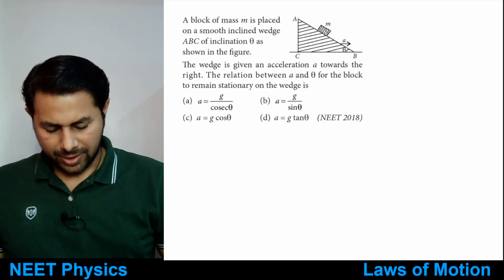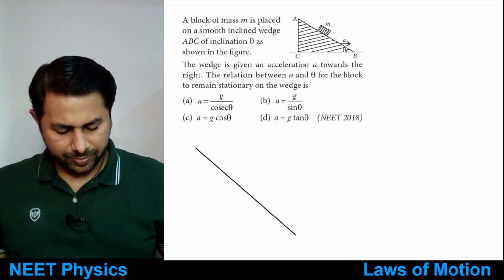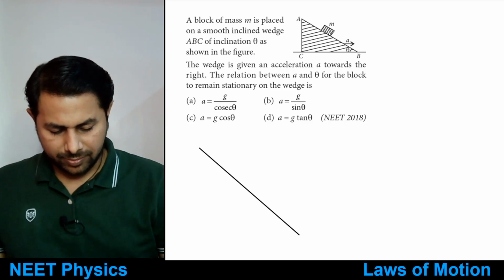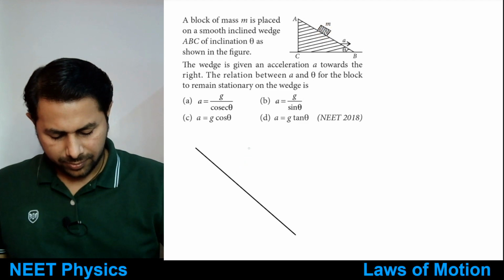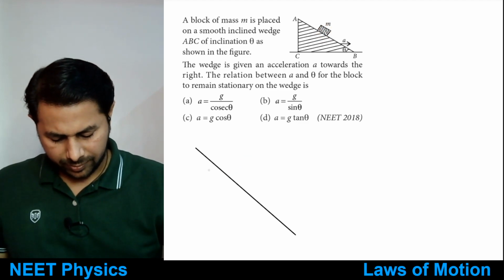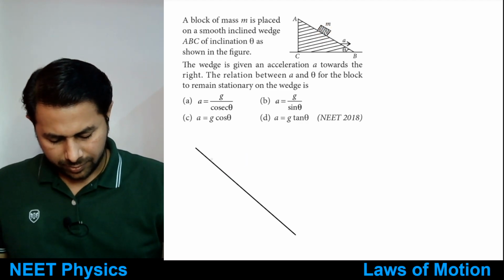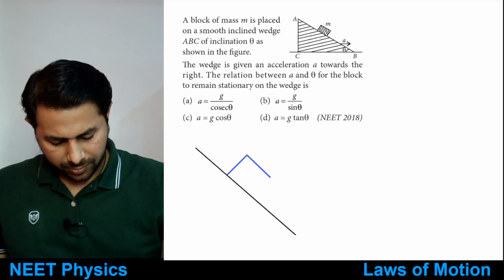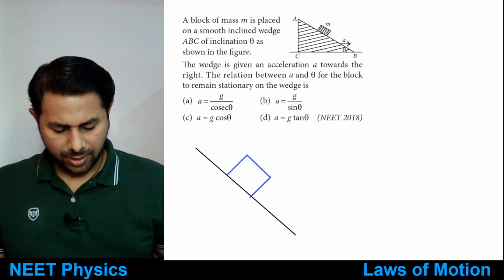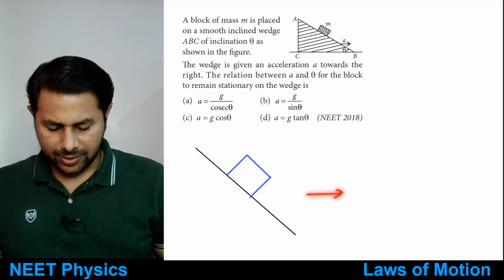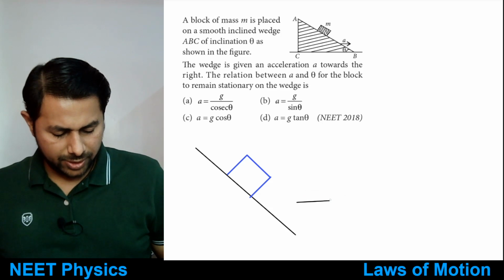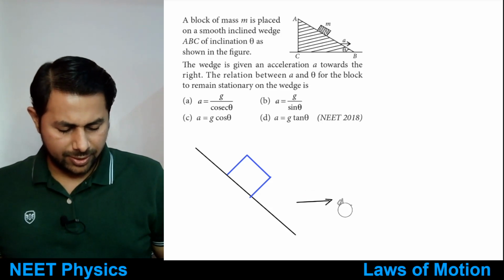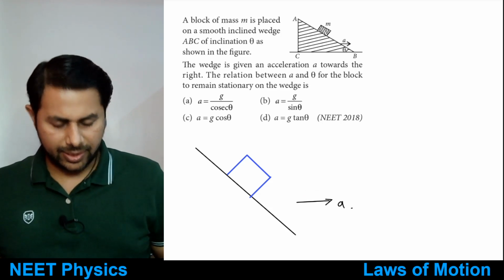So again, let's draw the free body diagram of this mass. The mass is m. Now see, the whole system is accelerating in this direction, and the acceleration is a.